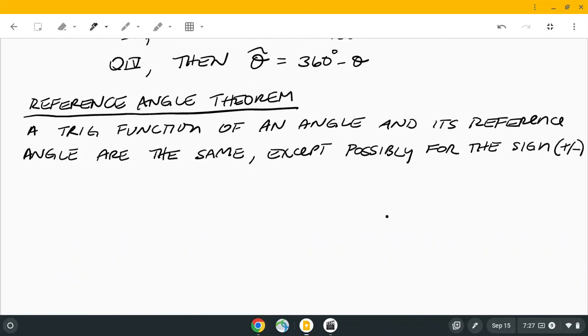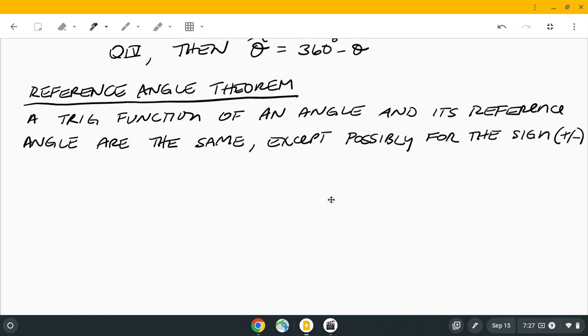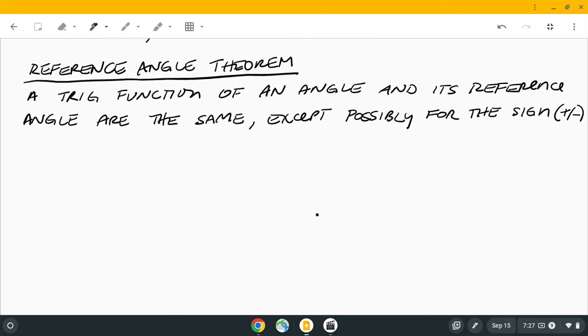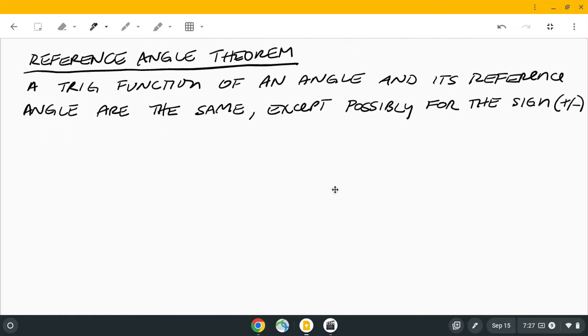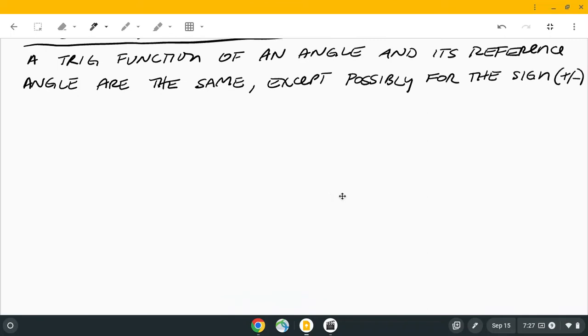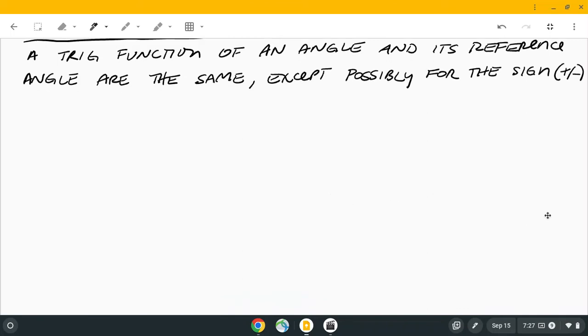Well, that goes back to the quadrants, where sine is positive, in which quadrants cosine is positive, etc. So let's revisit that from before. Here's our x-axis, here's our y-axis, and we know that sine is associated with the y values.